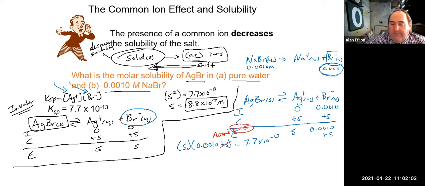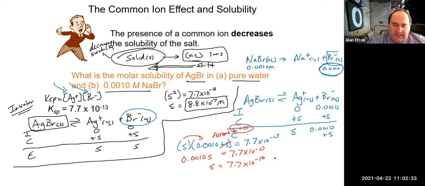You obviously can't get rid of all the S's or you've got nothing to solve for, but just the S that we add to something or subtract from something will give us 0.001 times S equals 7.7 times 10 to the minus 13, giving us an S value of 7.7 times 10 to the minus 10.